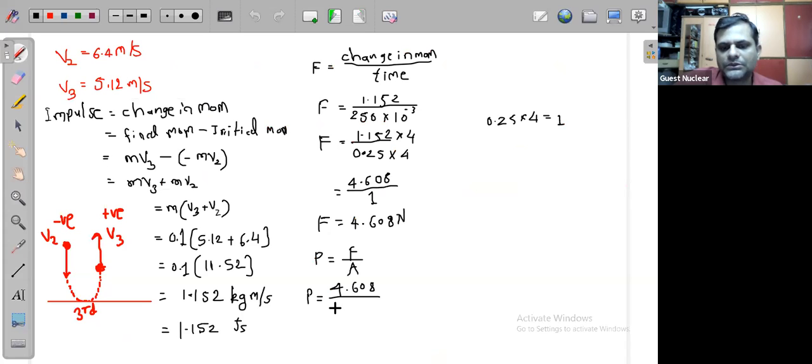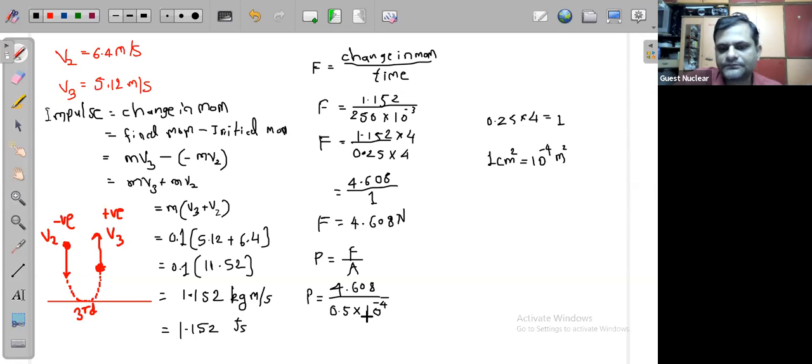Remember that 1 centimeter square is always equal to 10 raised to minus 4 meter square. We put this value here to convert centimeter square into meter square, so we get 0.5 into 10 raised to minus 4, and then it will be in meter square.